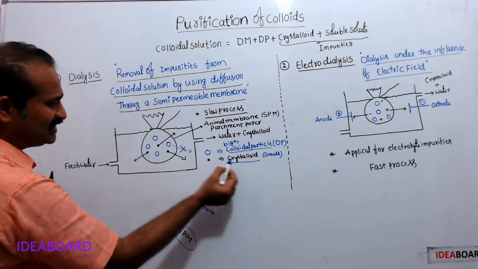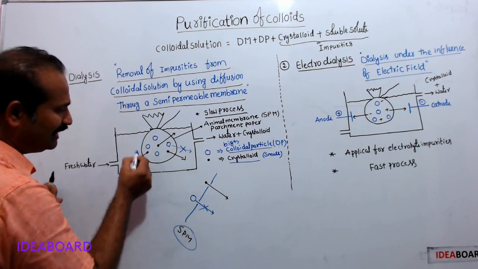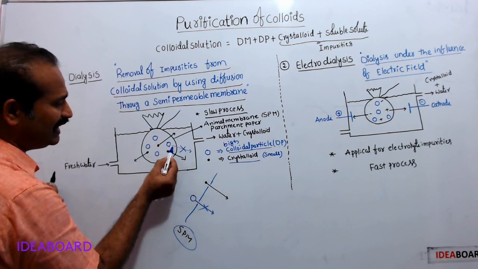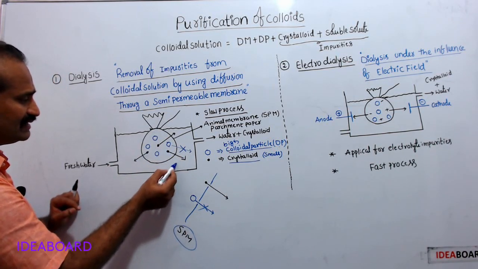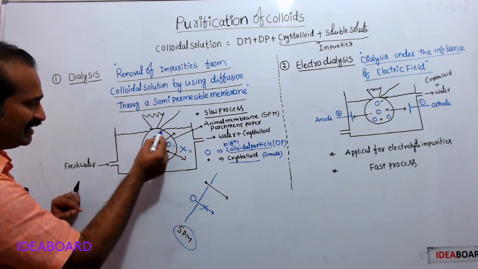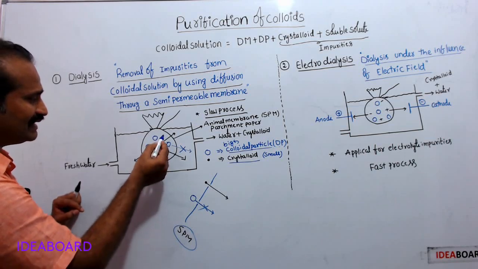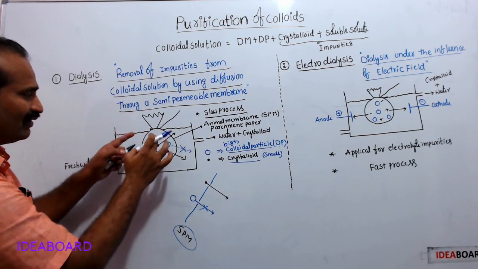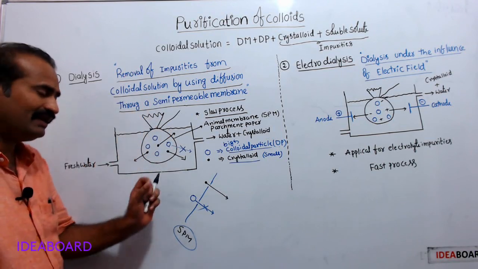That's why these true solution particles are removed from the colloidal solution. They come out of the bag, whereas colloidal particles and dispersion medium both are left behind in the bag. Therefore, pure colloidal solution is left behind in the parchment paper bag.